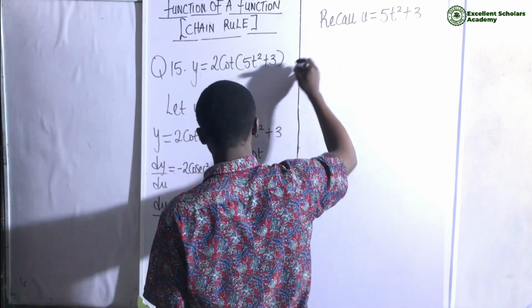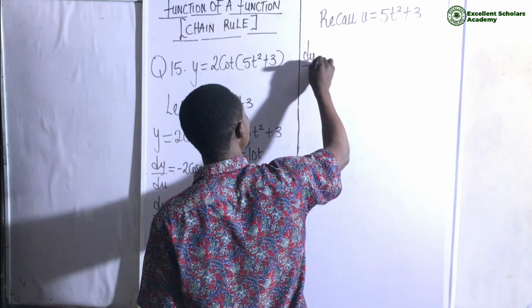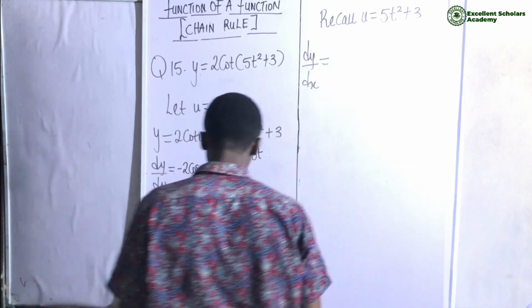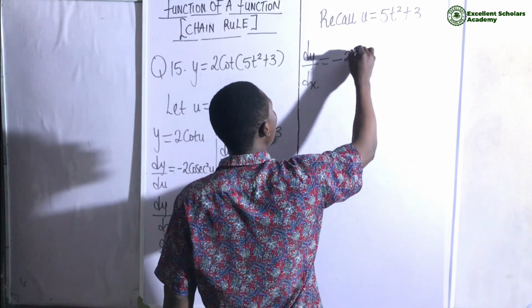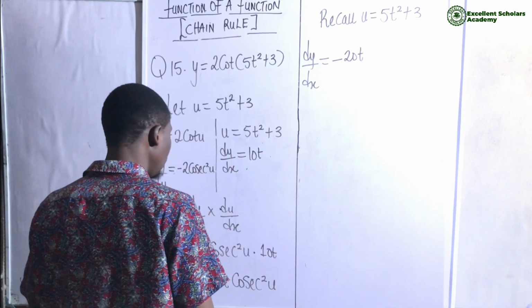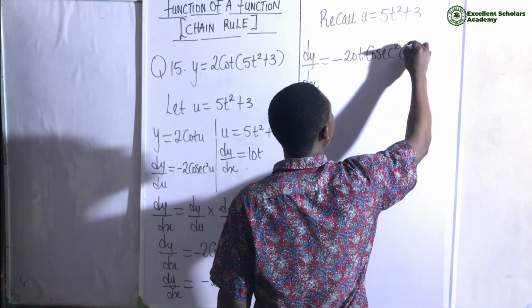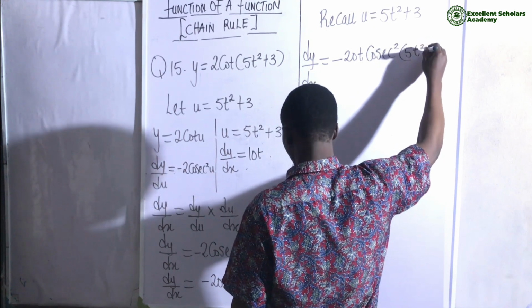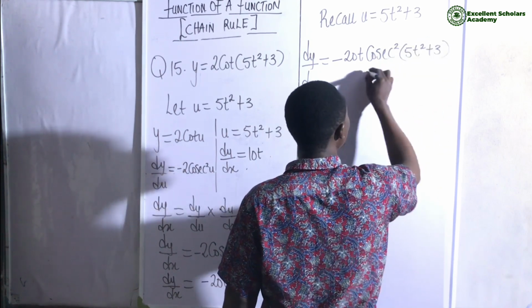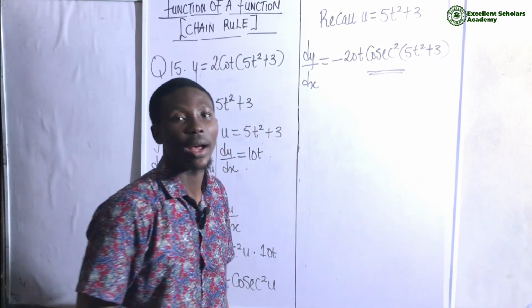So this becomes that our dy/dx, which is our final answer, is going to be minus 20t cosec squared (5t squared plus 3). And that will be our final answer. I hope that is clear.